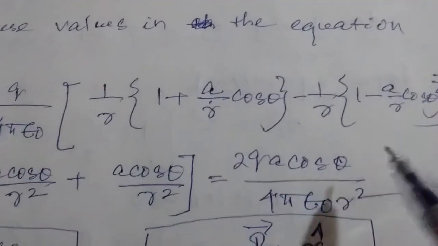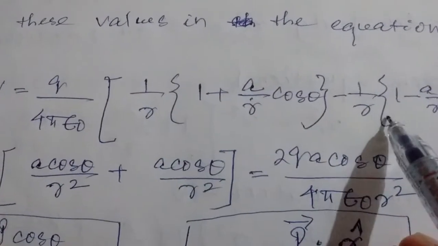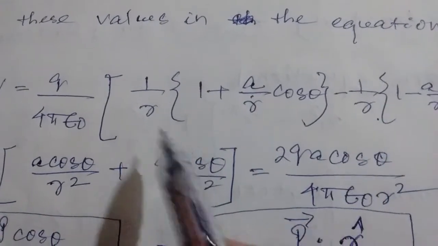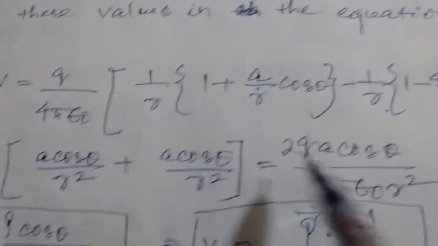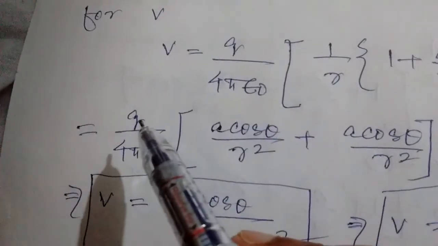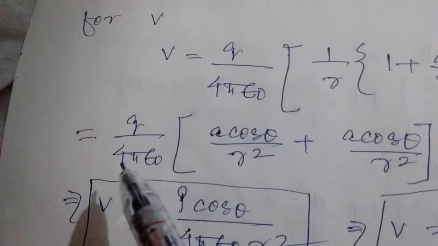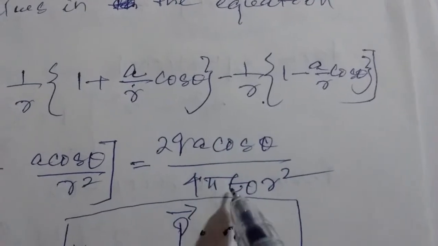If you go for simplification, inside the bracket 1 by r will cancel out, plus 1 by r minus 1 by r, then remaining term is a cos theta by r square. Total becomes 2a cos theta by r square, 2qa cos theta by 4 pi epsilon naught r square.